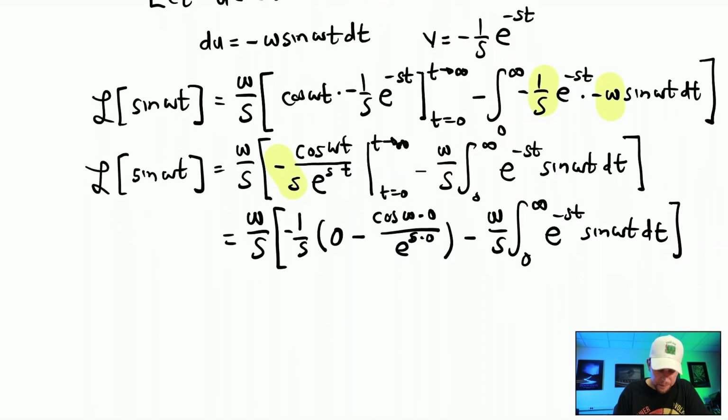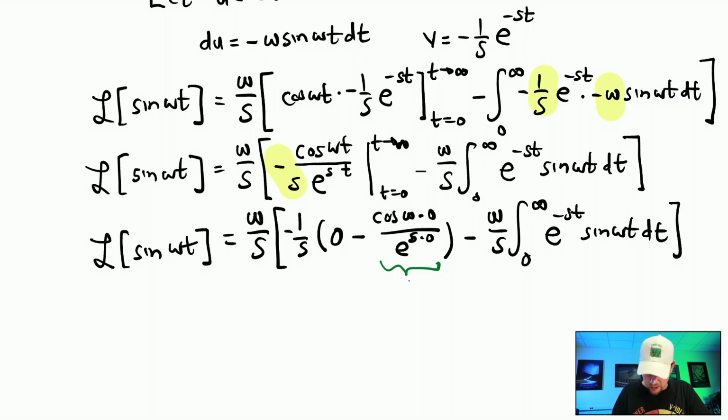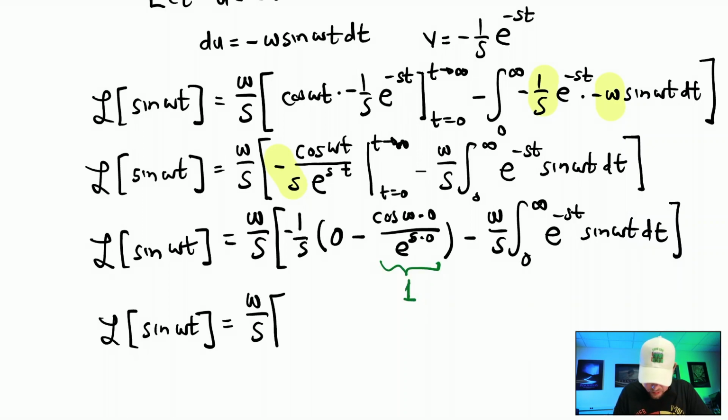And let's go ahead and clean this up. So the Laplace transform of sine omega t like this is that nasty mess. This term here turns into 1. So it's 0 minus 1. So we can rewrite this as the Laplace transform of sine omega t is omega over s.